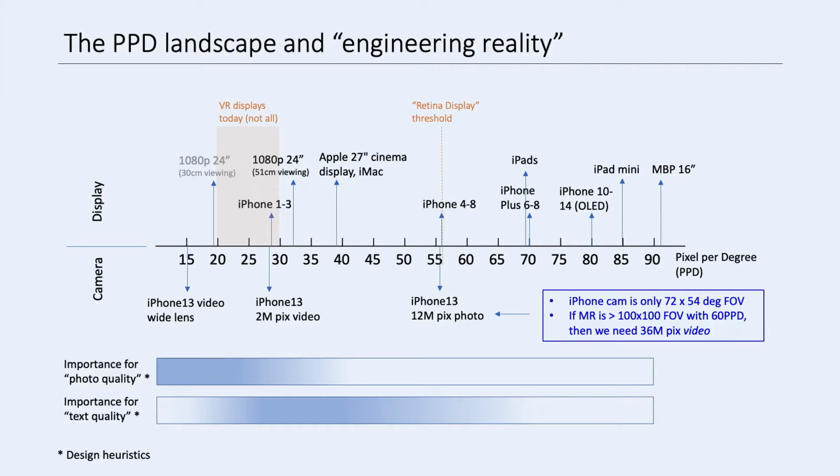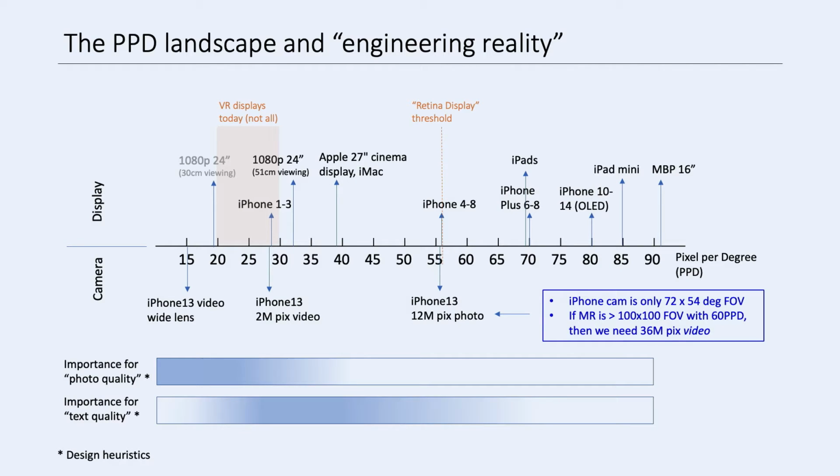I spent a lot of time surveying this. I think it's interesting for the audience: what is the landscape for consumer electronics in terms of PPD and typical usage? The big axis is 15 PPD to 90 PPD, so there's a big range of consumer electronics. If you have a typical HD or 1080p 24-inch monitor, you are getting 32 PPD. It's very productive, right?